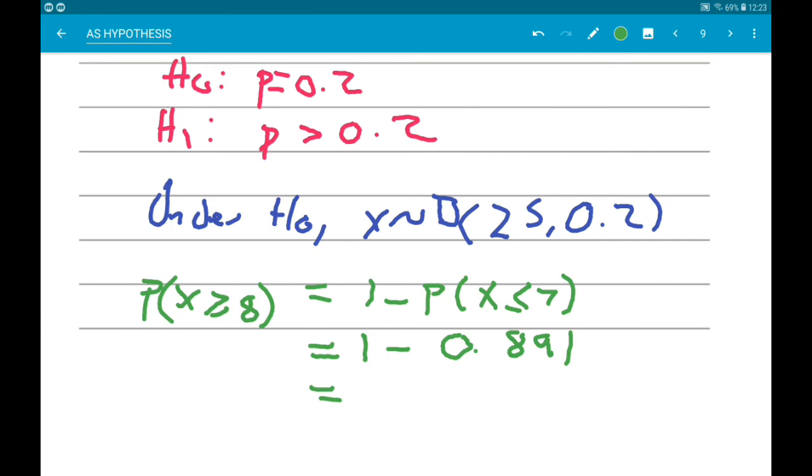So that then gives us 0.109, which is 10.9%.